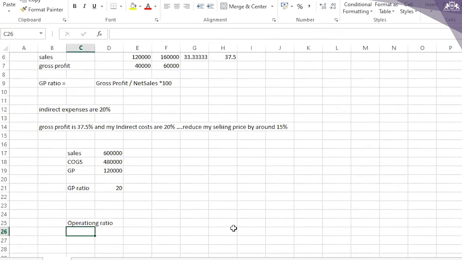It tells you operating costs to net sales. Operating cost divided by net sales into 100. Okay. How much are your operating costs in proportion to your sales?